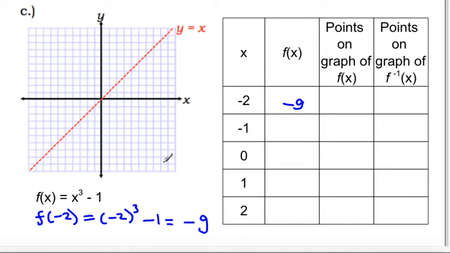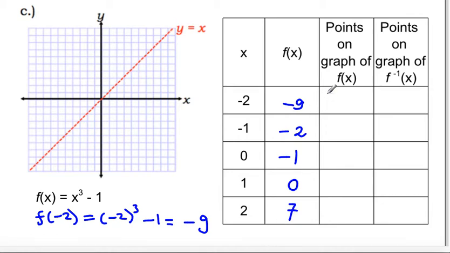If x is -1, -1 cubed is -1 and minus 1, so we will have -2. 0 cubed is 0, subtract 1, that's -1. 1 cubed is 1, subtract 1, that's 0. 2 cubed is 8, so 2 times 2 times 2, and then subtract 1 will give you 7 as its image.